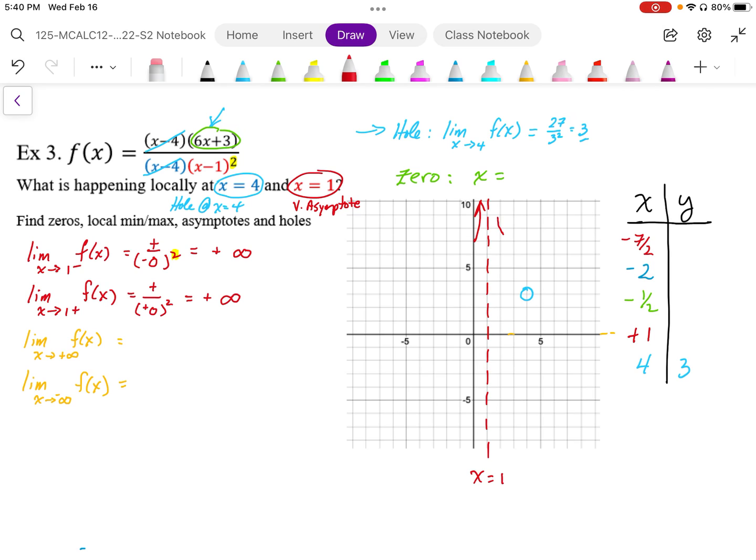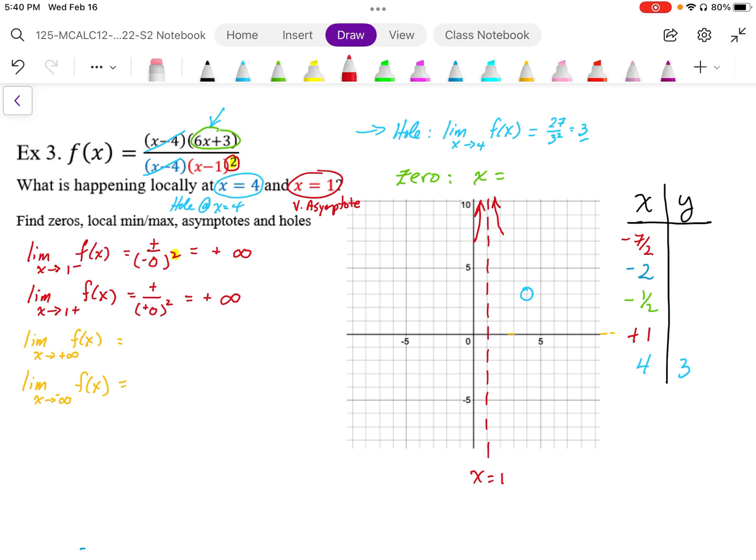So this is approaching the right-hand side of the asymptote going in the positive direction. In fact, they are both pointing up from both sides. This happens when we have a square, or a multiplicity of 2, in the denominator. Squared denominators will give this type of feature, going up from both sides.